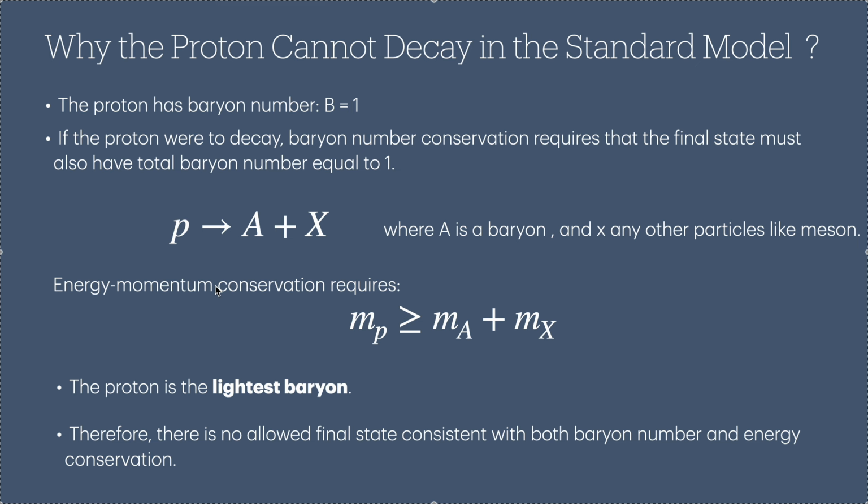Another fact: the proton is the lightest baryon, so A must be heavier than the proton. So this will not satisfy the energy and momentum conservation relation. Therefore there is no allowed final state consistent with both baryon number and energy conservation.